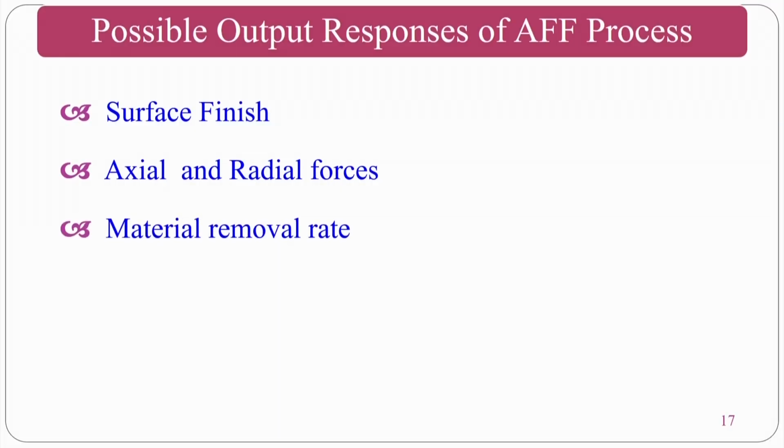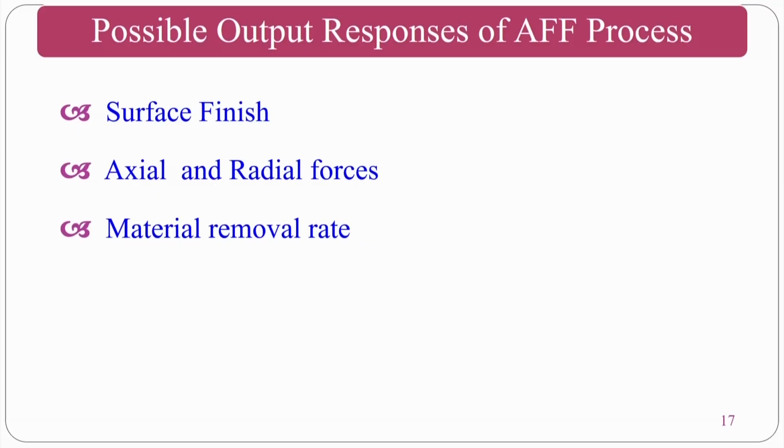Material removal rate, how much material is removed. This is the least bothered, because abrasive flow finishing process is about the surface finish that you are getting, whether you have achieved a nano surface finish or not, that is the question as far as the current trend is concerned. But material removal rate is also one of the output parameters if you are going for a deburring application.